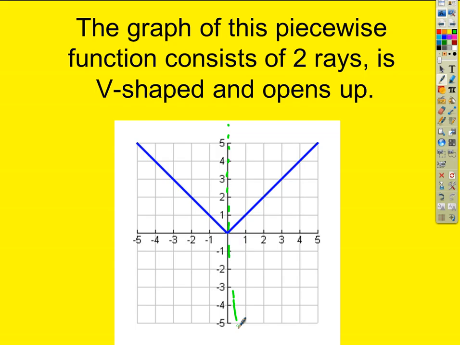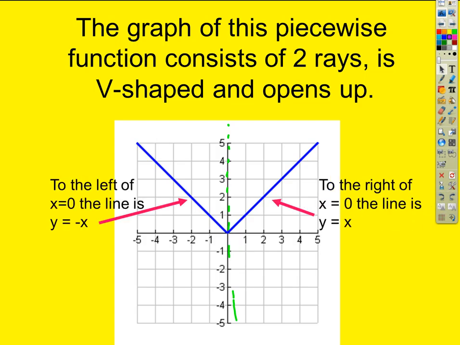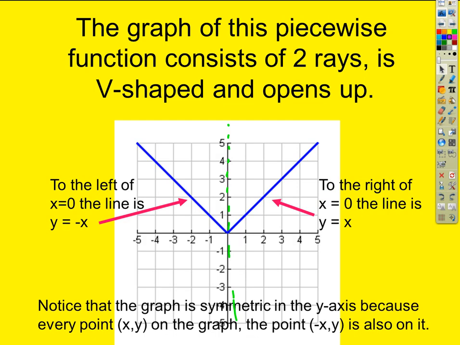Everything to the right is the graph of the right function, where x is greater than 0. And they meet at the point 0, 0 in this case, right? So it's really just a graph of that piecewise function, like we talked about on Friday. There's the line y equals negative x. There's the line y equals x, right? And they break at x equals 0 in this case.